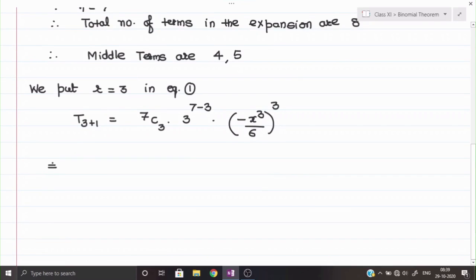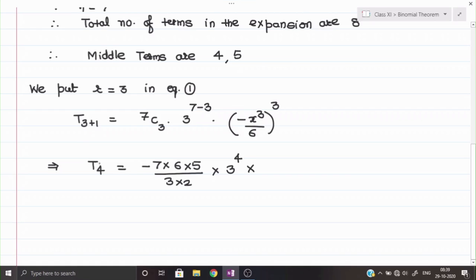So T4 will be equal to 7C3. If I simplify, 7 factorial I will open till 3 places, and upon it factorial 3. That will be 3 into 2, into 3 to the power 7 minus 3, that will be 4, into, now see, the minus sign is coming under the odd power, so the minus sign will remain.